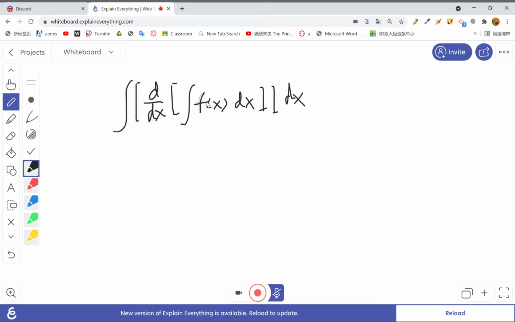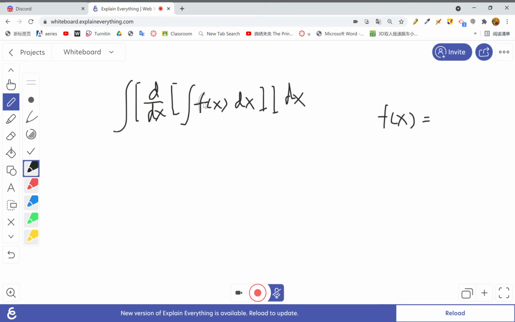Basically, this f of x is no matter what it is. So let's say f of x is a derivative. Now we know that the antiderivative of f of x is the function whose derivative equals f of x.